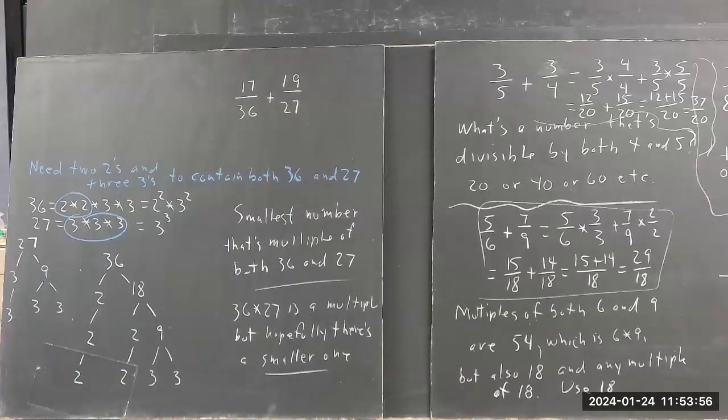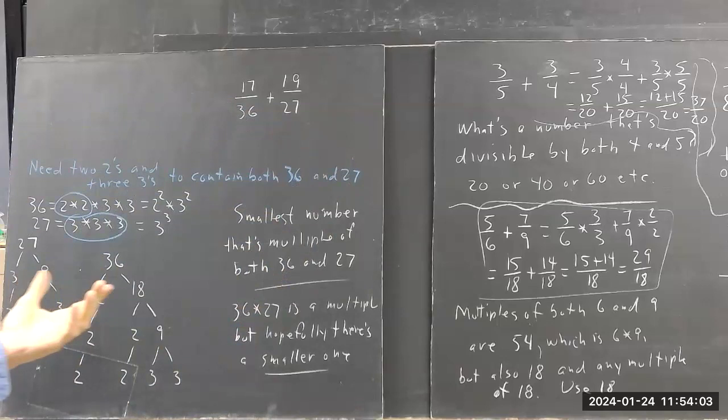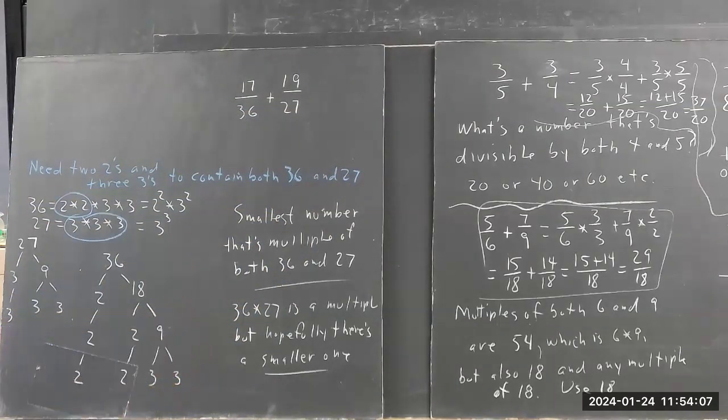Leave myself room to write everything I was going to write. I should have thought it through first. We need 2 2's and 3 3's to contain both 36 and 27. We don't need any more than that. But we got to have that much.